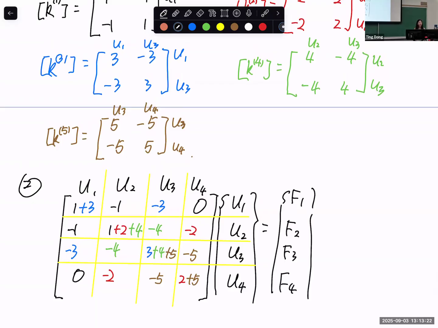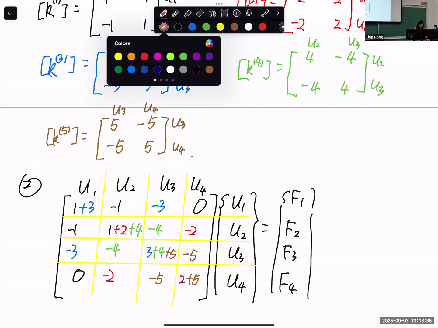Since we talked about node 1 and node 4, they are the reaction force. So delete the rows that correspond to the reaction force. Let's use purple.